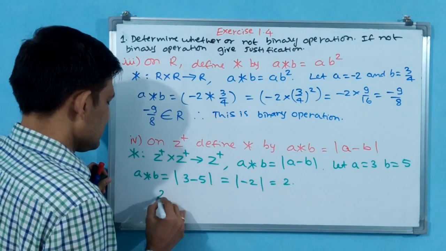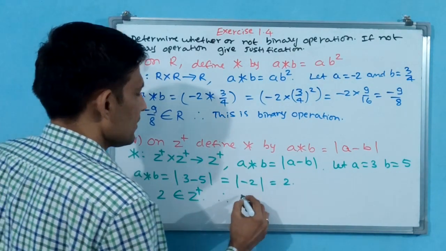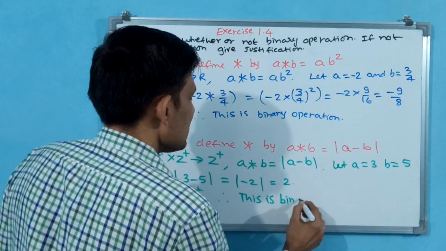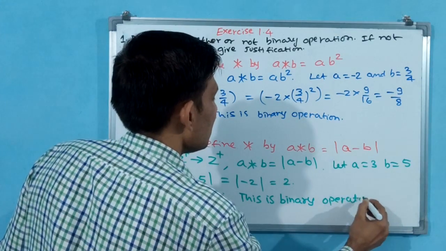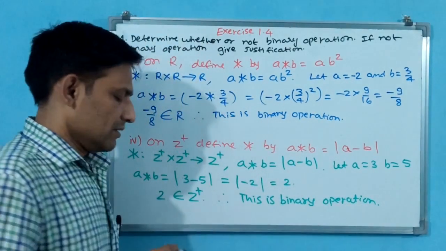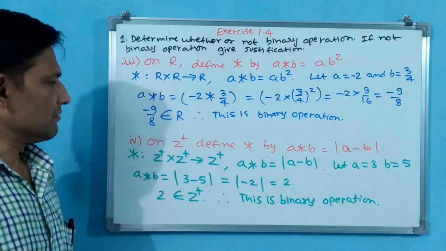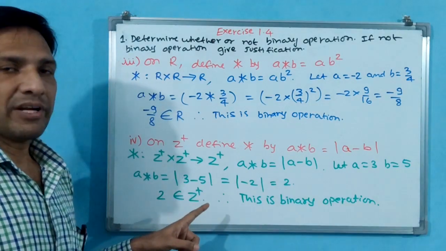You write like this: 2 belongs to Z plus, therefore this is binary operation. Okay, do you understand? Like this you have to write in the examination. Except the first one, now all have become binary operations only.